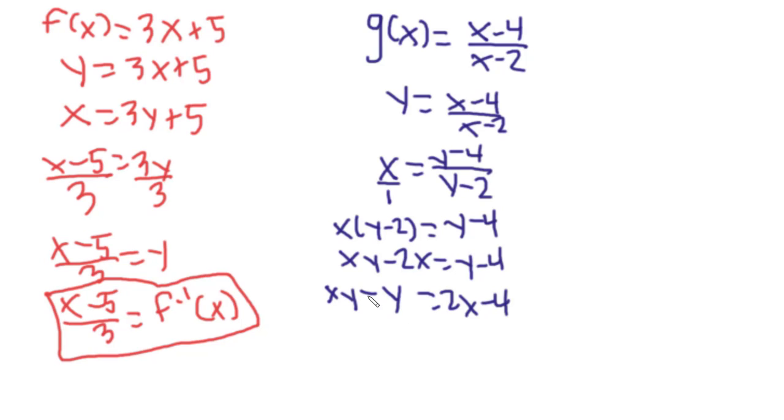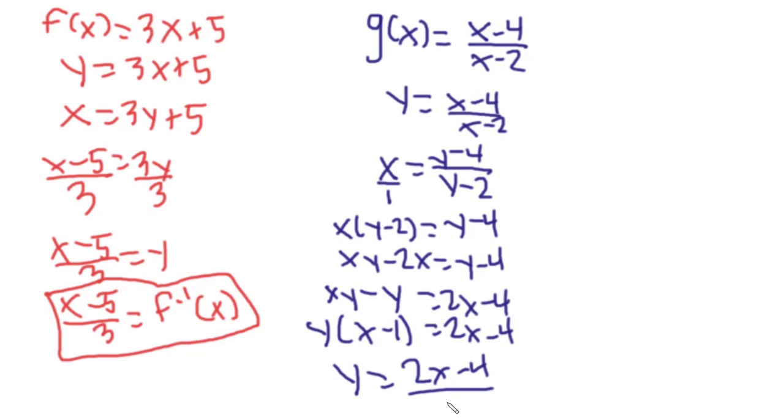Now notice that right here I have a y in common, so I can factor out a y. And now I can divide by x minus 1 on both sides to get my y by itself. And this is equal to my function inverse.